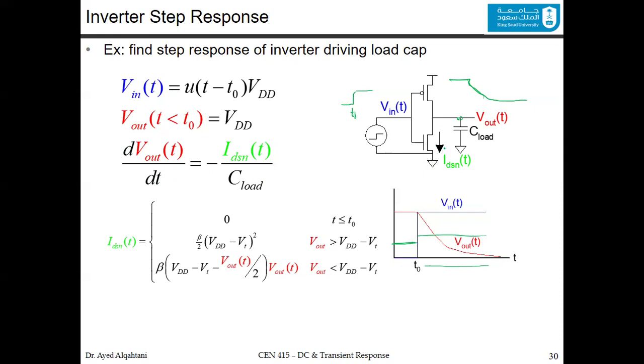If the current is high, then you discharge faster. So it's actually IDSN(t) divided by the capacitance. If you have large capacitance, then this value is low, and vice versa.